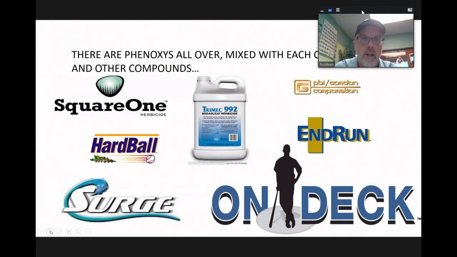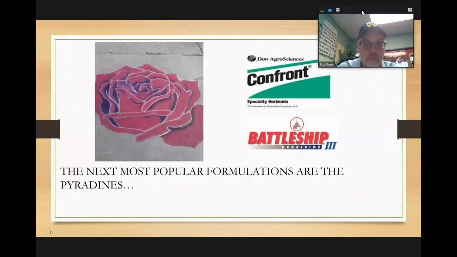They don't volatilize, they don't stink, and you use less of them, and they have both non-crop and turf labels. But by and large, most of the phenoxies are mixed with other things when you put them on the turf grass. The next most popular formulations are the pyridines.